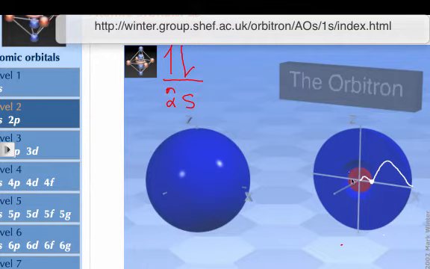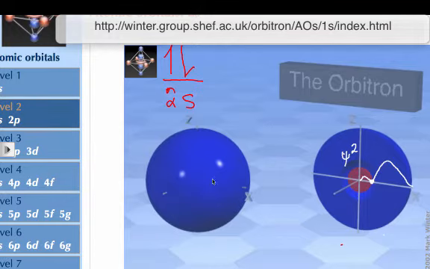Okay, so some tiny probability here, but repulsions get kind of big, so it's more likely to be found out here. And these regions represent the region in space where there's a 90% probability of finding an electron. So if we were to graph the y-axis here, we would be graphing psi squared, or the wave function squared, that 90% probability region.